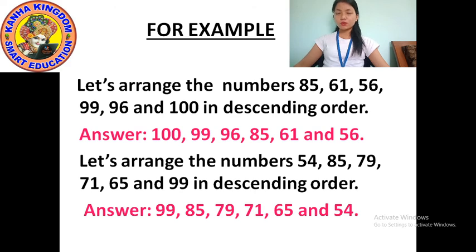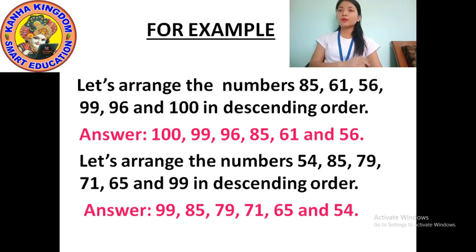99 is the biggest one, and after 99, 85 is the second biggest one, and after 85, 79 is the third biggest one. After 79, the fourth biggest one is 71. After 71, 65 is the fifth biggest number, and the smallest number is 54.